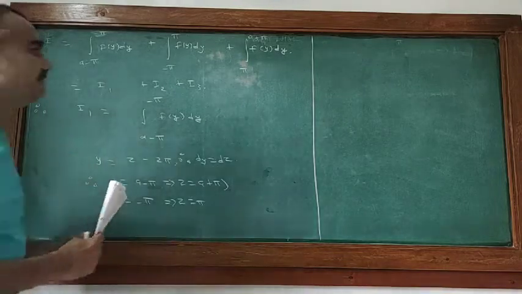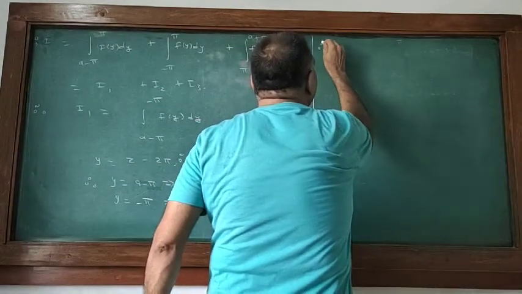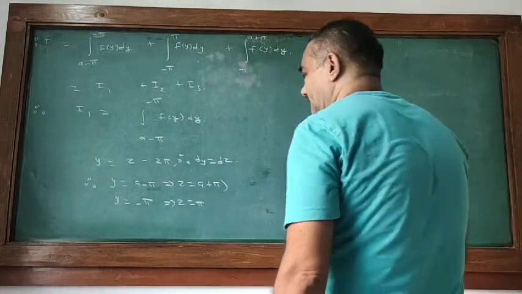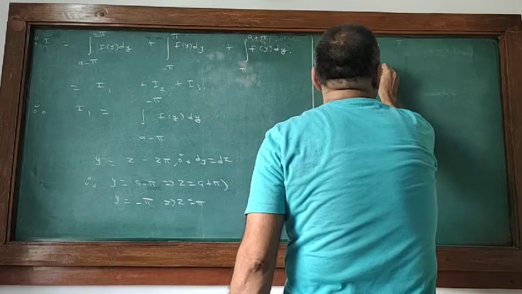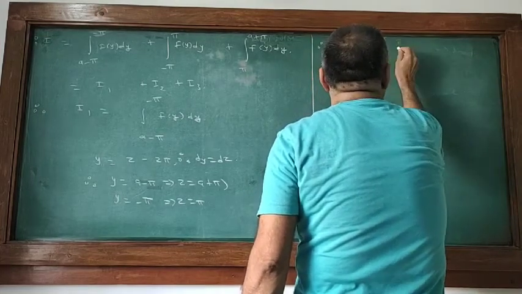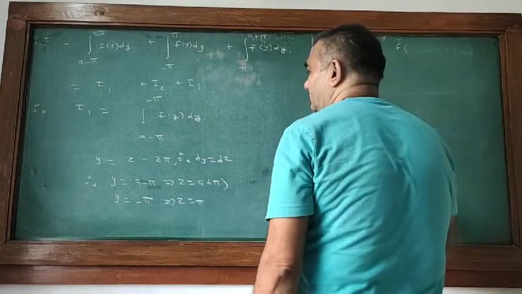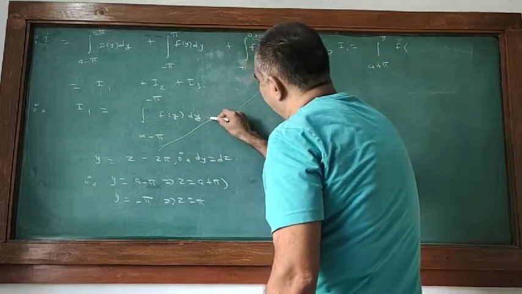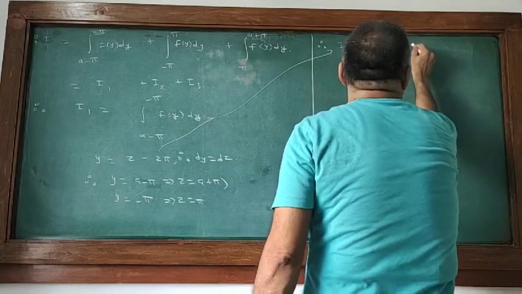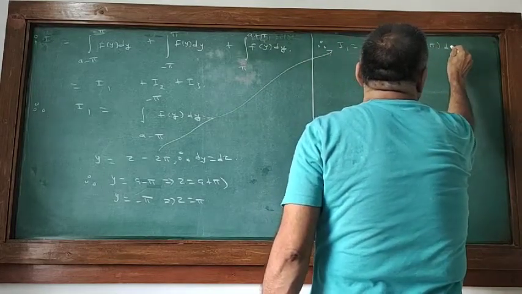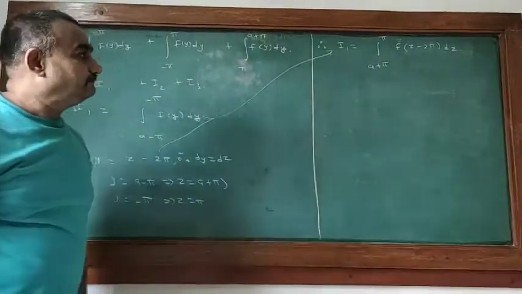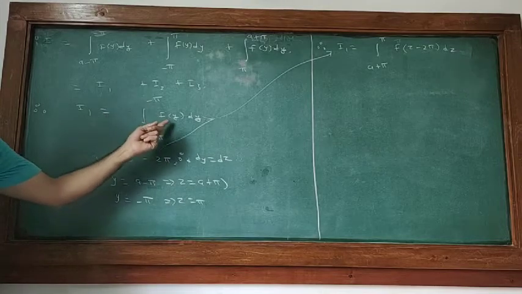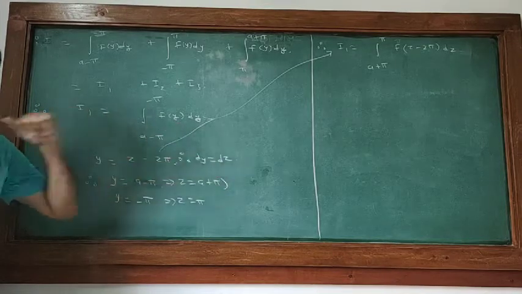So this integration becomes the integral from a plus pi to pi of f of z minus 2 pi dz. I1 is the integral from a plus pi to pi of f of z minus 2 pi, dy is dz.